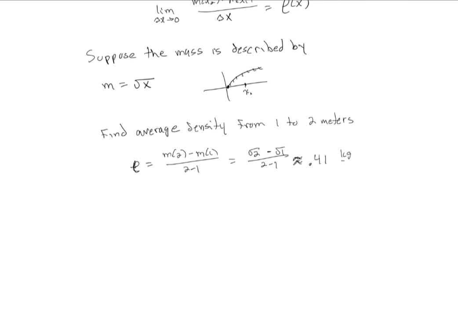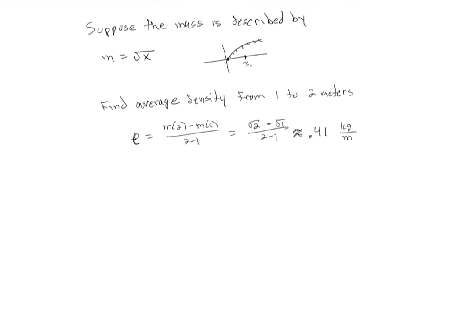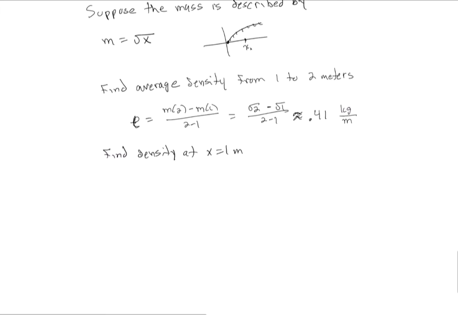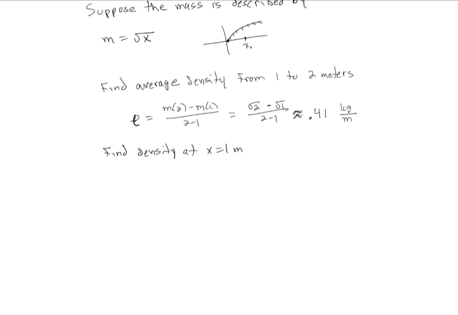Now let's take the derivative, and let's find the density right at x equals 1 meter. That's our derivative, since we're finding the quote-unquote instantaneous density right at 1. So my rho in this case is the rate of change of mass per unit length.